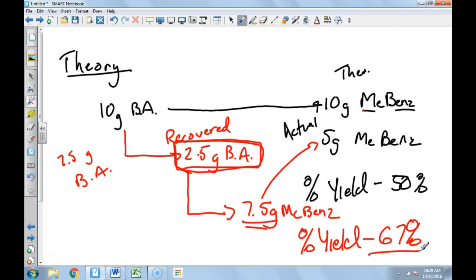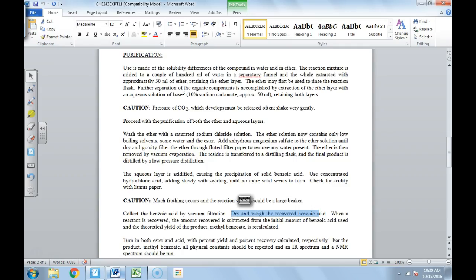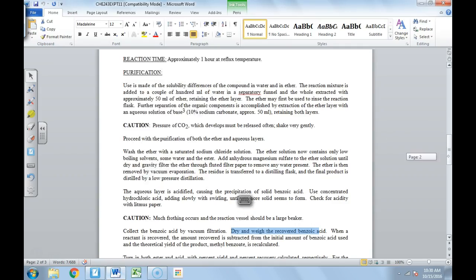But that's inconsequential, it just is a more accurate representation of the yield that you get. Okay, so the real life example is, you're going to start with, let me make sure that I get this right here.